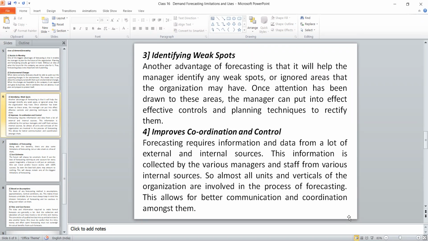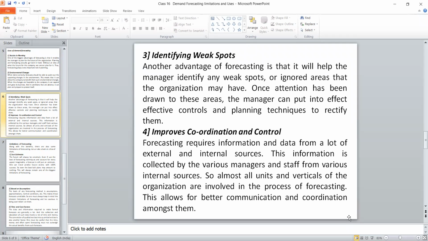The last advantage is it improves the coordination and control. Once you know this is what is going to happen, you have some idea about the future, definitely your plan will be very successful. The forecasting requires information and data, and you will analyze the past, what has happened so far. You will receive information not only internally but also from external sources, collected by various managers and staff members.